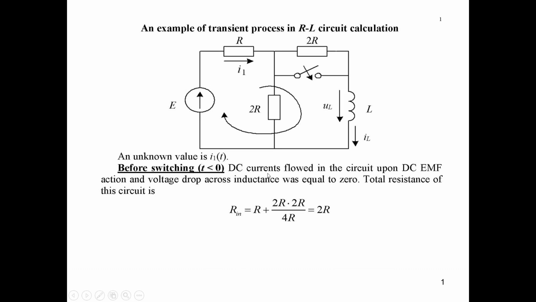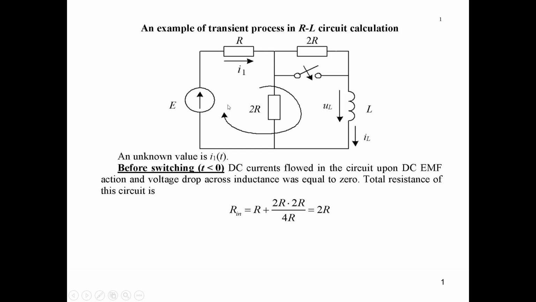This approach says that we can consider such a branched schematic as an equivalent resistance connected to this inductance, and this R equivalent can be determined as the equivalent resistance relative to the clamps to which the inductance is connected, in the regime after commutation, replacing this active schematic by its passive equivalent.